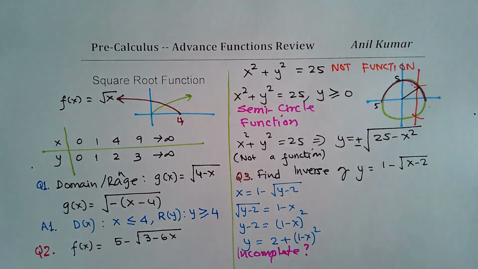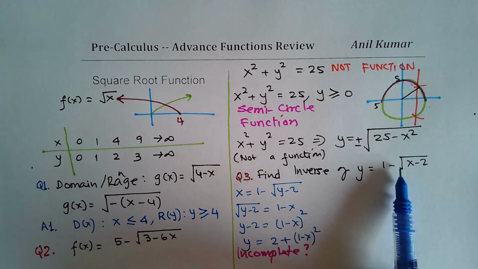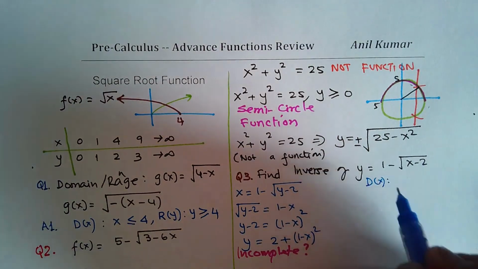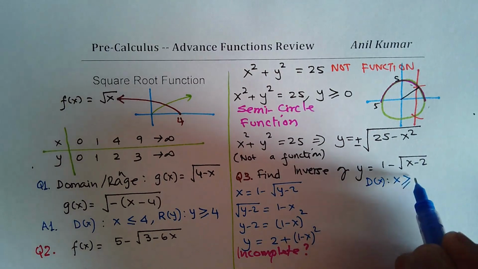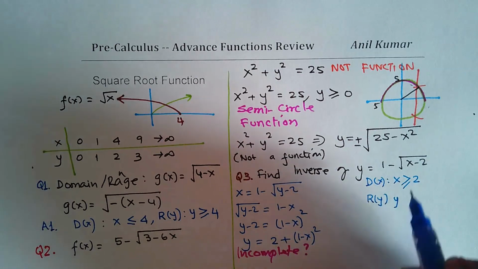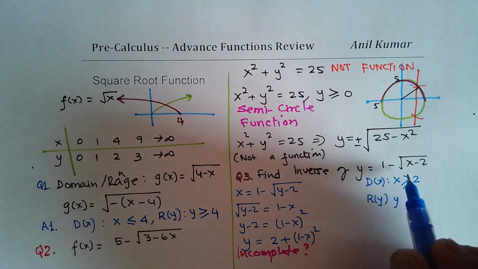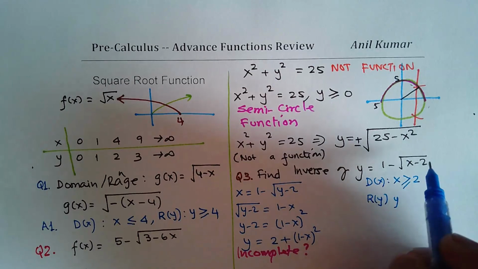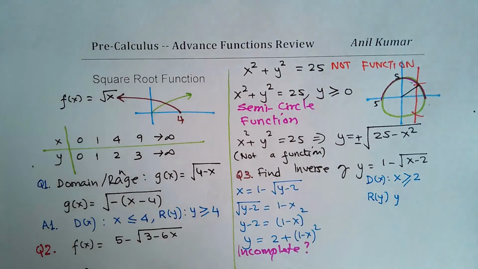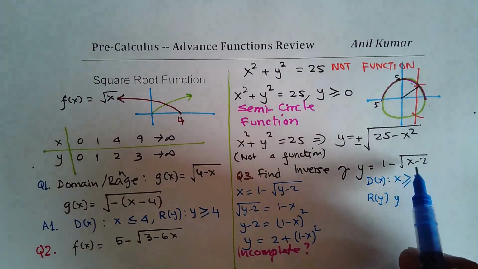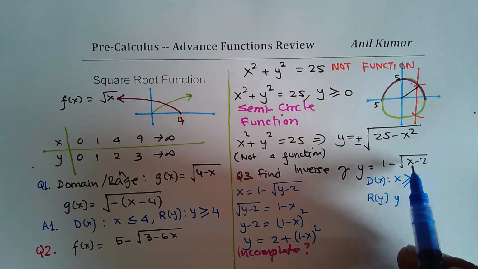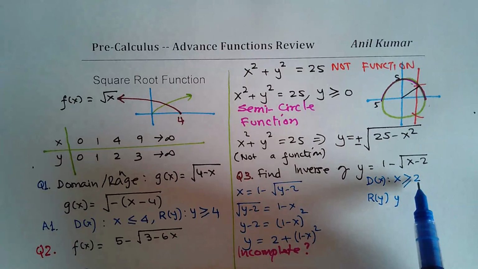Very important. So when you're looking at this particular function, we know the domain is x greater than or equal to 2, because if I put x as 2 here, you get 0.